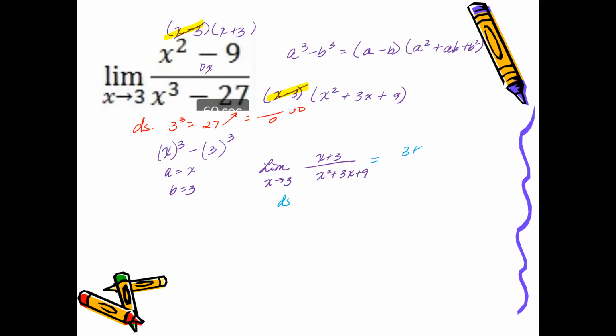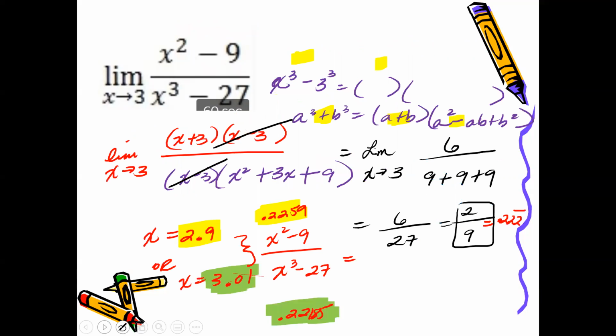So I'm just going to go ahead and plug in the 3. So I have a 9 plus a 9 plus a 9, which is going to give me a 6 over 27. I can go ahead and reduce that down to a 2 over 9, since 6 divided by 3 is a 2 and 27 divided by 3 is a 9. And that is my answer.